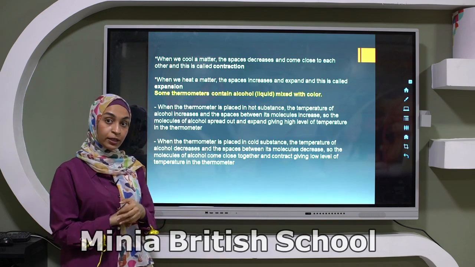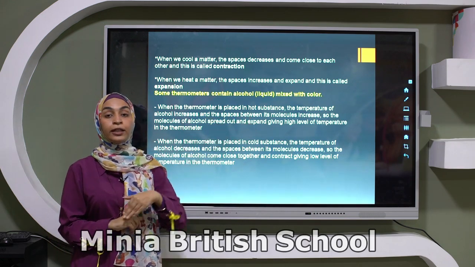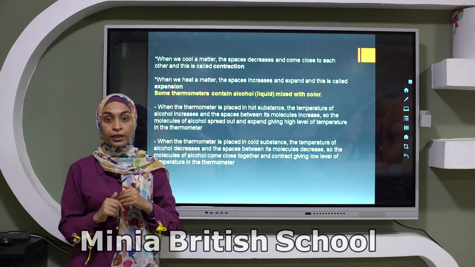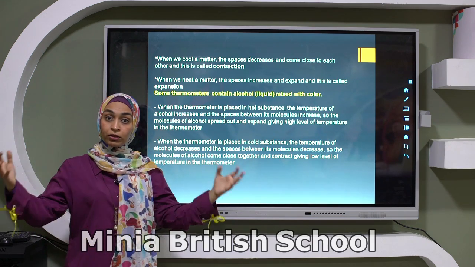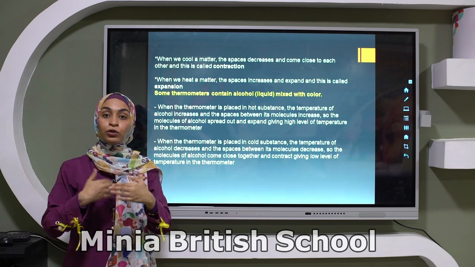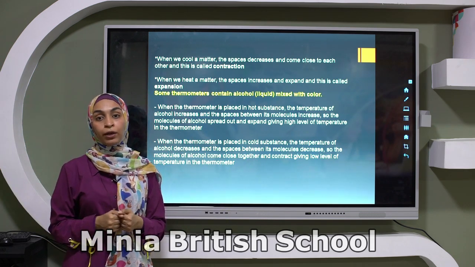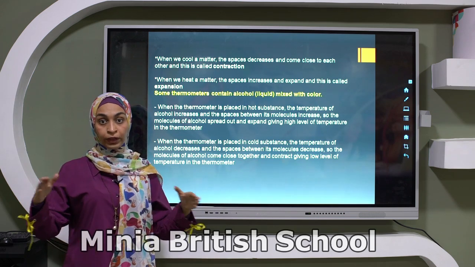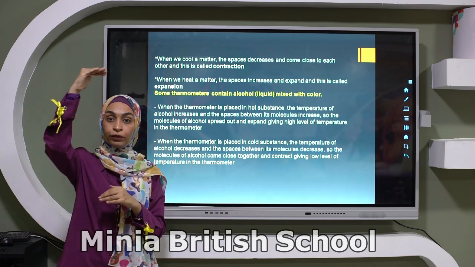In the first case, I will put the thermometer in the hot substance and its temperature will increase, the spaces between its molecules increase, so they start to move faster and they expand, moving away from each other, and the temperature gives us a high level.